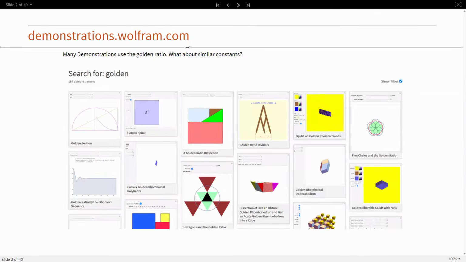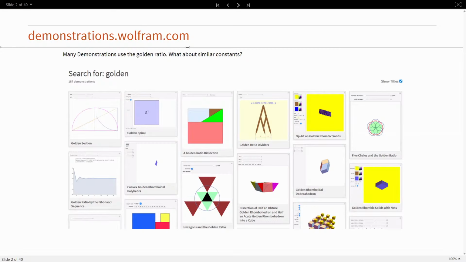One item I've always been interested in is geometry, and in particular things that polyhedra and polygons can do, various tilings and tessellations, and many of those deal with the golden ratio. For example, the icosahedron has a lot of things based on the golden ratio.